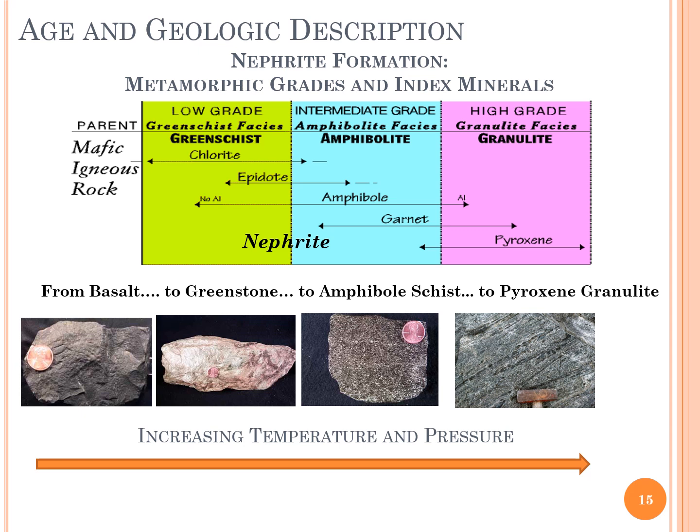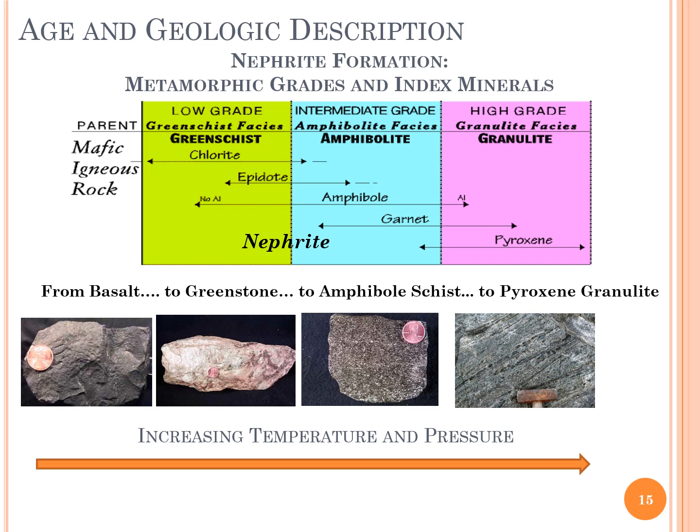Then as it goes through increasing temperature and pressure from low grade to intermediate grade to high grade, different key index minerals can be found. Chlorite in the low pressure, low grade green schist metamorphic facies, all the way to some complex pyroxenes in high grade. Our nephrite exists somewhere between the low and the intermediate grade here in this overall pattern of metamorphic transition from low grade to high grade.